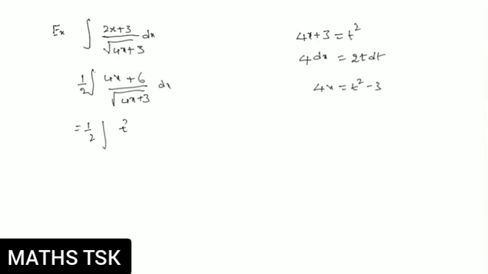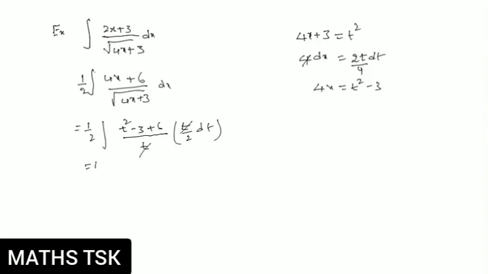It's t square minus 3 plus 6, by t, since root of t square is t, and dx becomes t by 2 dt. So t gets cancelled.